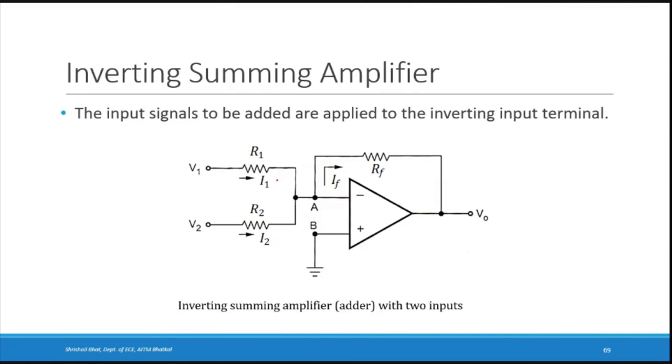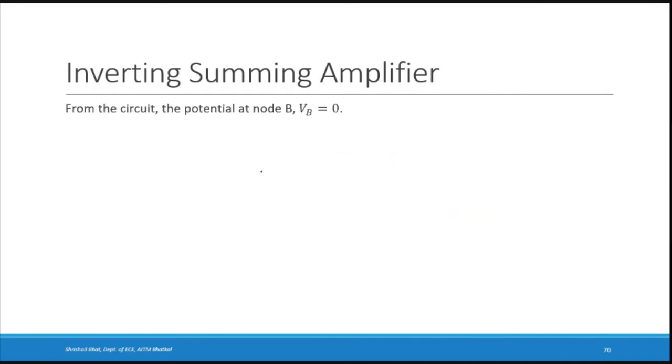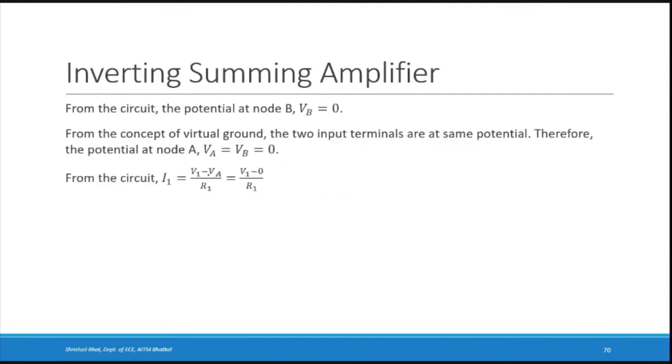That gives the current I1. So I1 is V1 minus VA divided by R1. But what is VA? VA is 0. So it is V1 minus 0 divided by R1. So I1 is equal to V1 by R1, right?